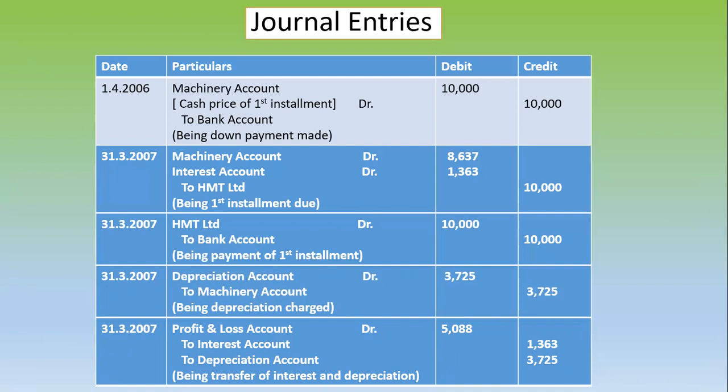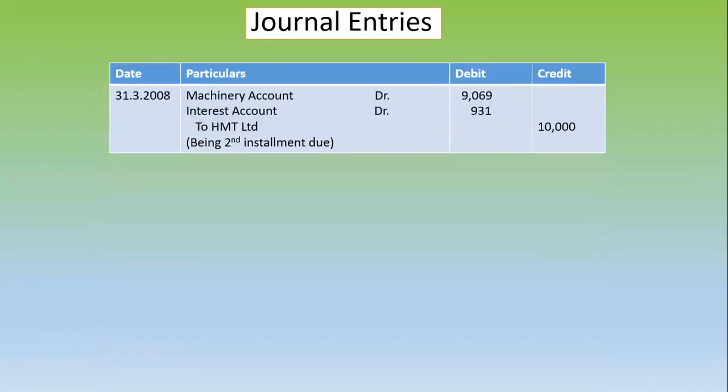So for the first year, we will get all these 5 journal entries, and for second year and third year, apart from the first entry, all the 4 journal entries will repeat. Now this is for the first year from 2006 to 2007. Now we will move on to the second year. So first entry is for installment due, that is machinery account debit, interest account debit to HMT Limited account.